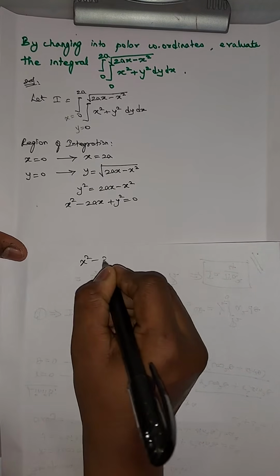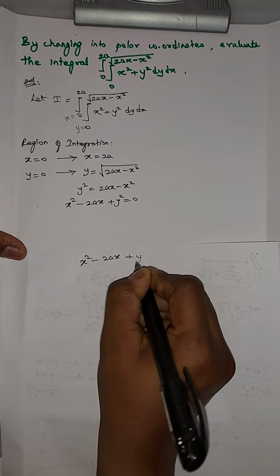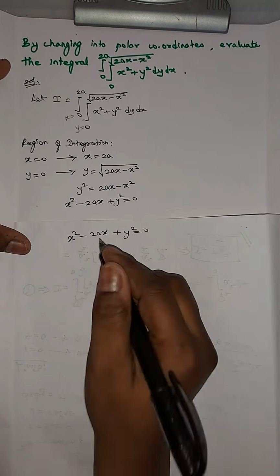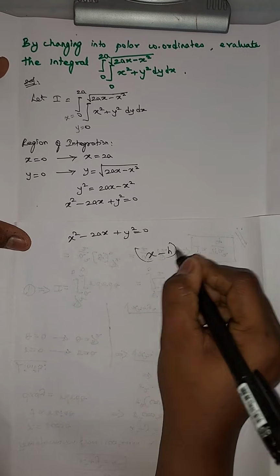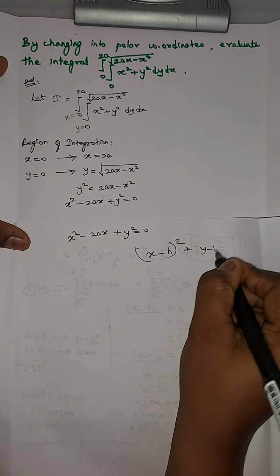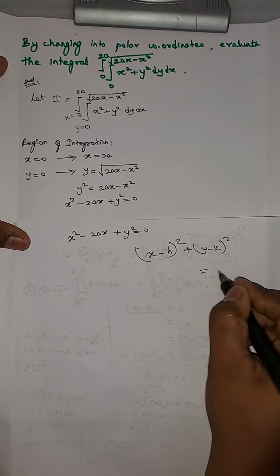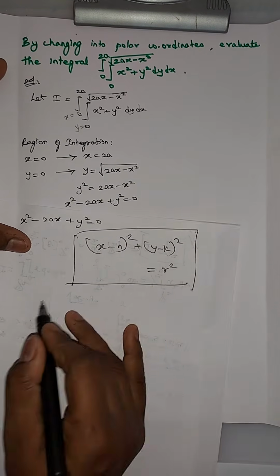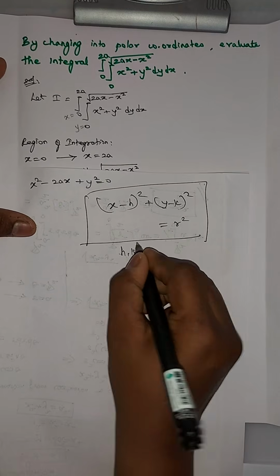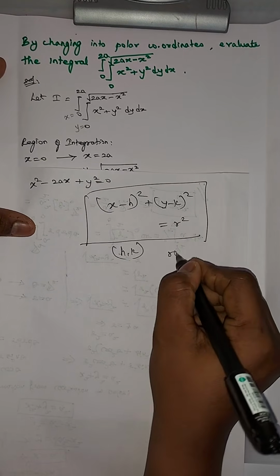x square minus 2ax plus y square is equal to 0. We should convert it in the form of x minus h the whole square plus y minus k the whole square is equal to r square. This is the general equation of any circle with center h comma k and radius r.